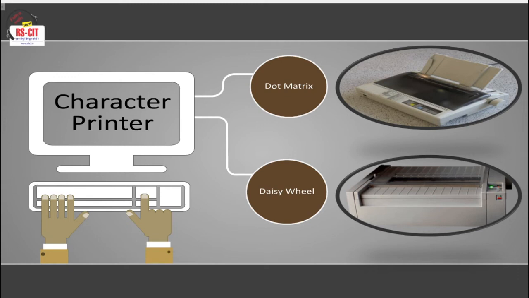For example, 9 pinheads produce draft quality text, while 24 pinheads produce typewriter quality output. Speeds range from 200 to 400 characters per second, that is CPS, which is approximately 90 to 180 lines per minute, that is LPM.